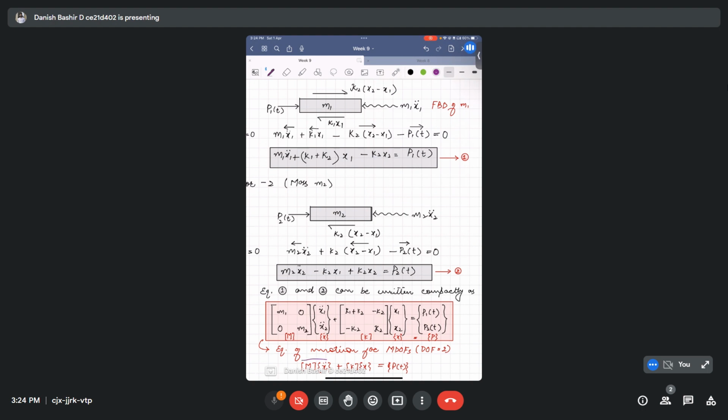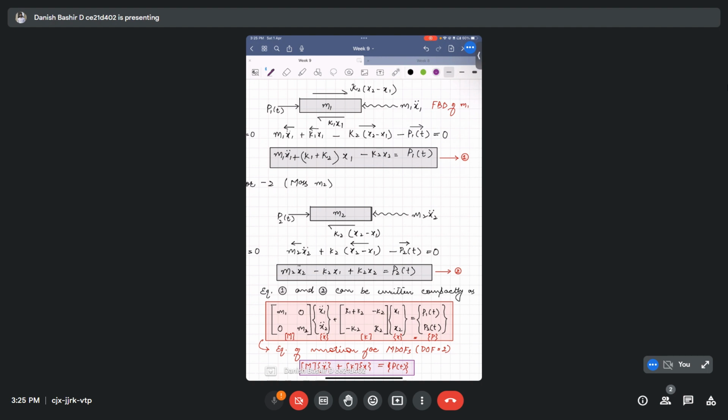Depending upon the degrees of freedom, we will have these orders of the mass matrix and stiffness matrix. If we have an n degree of freedom system, we will have an n by n mass matrix and an n by n stiffness matrix. There are other properties of these matrices which we will discuss in a couple of minutes.